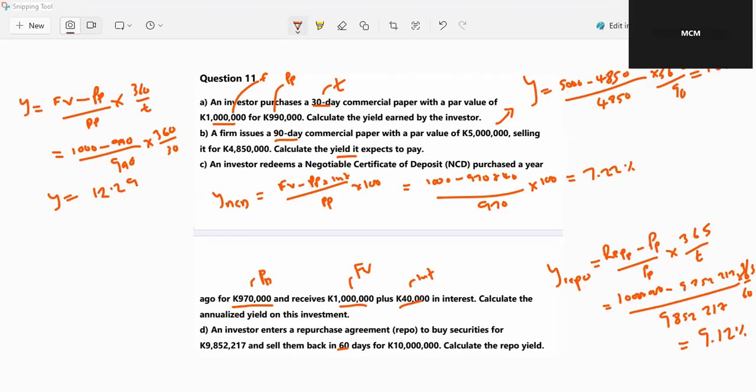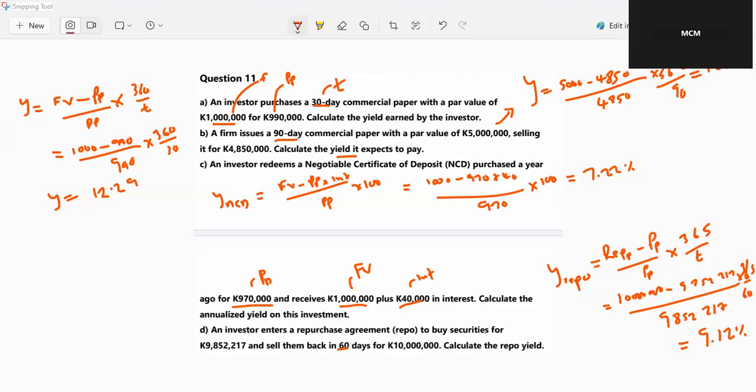So the interventions that the government through the Bank of Zambia has to undergo are conducted in two ways. We call them sterilized and unsterilized. So we have what we call the unsterilized mechanisms, and we have several of them.